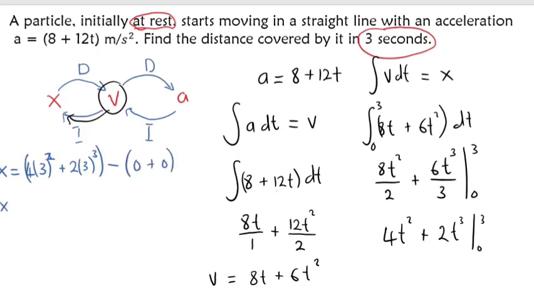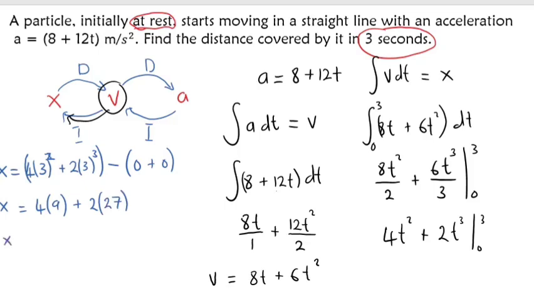So x will be equal to 4 times 3 squared, which is simply 9, plus 2 times 27. 3 cubed is 27.